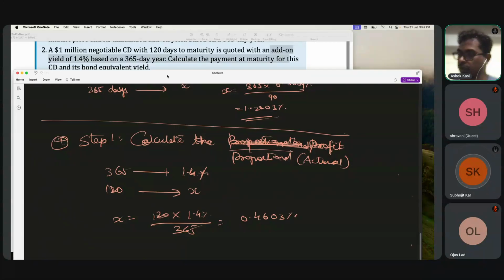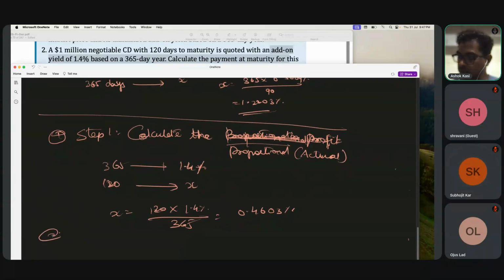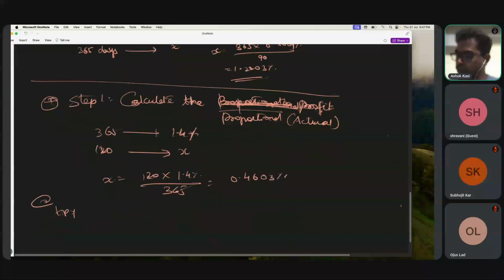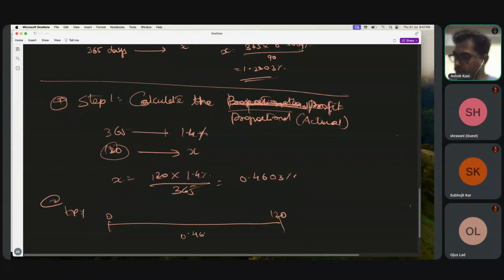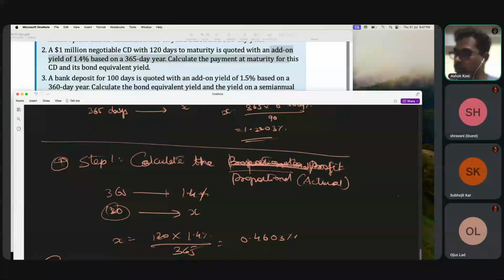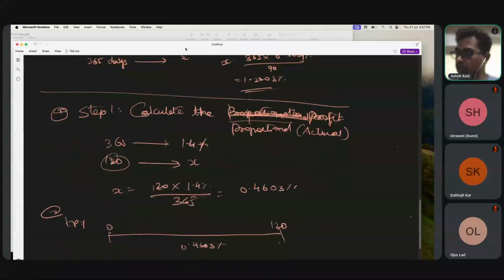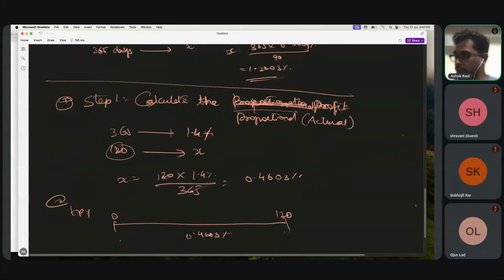Okay, then the second step is the holding period yield we want. So in 120 days we got 0.4603%. That means, which rate is this, add-on rate or discount rate? Add-on rate. That means the present value must have been 100.